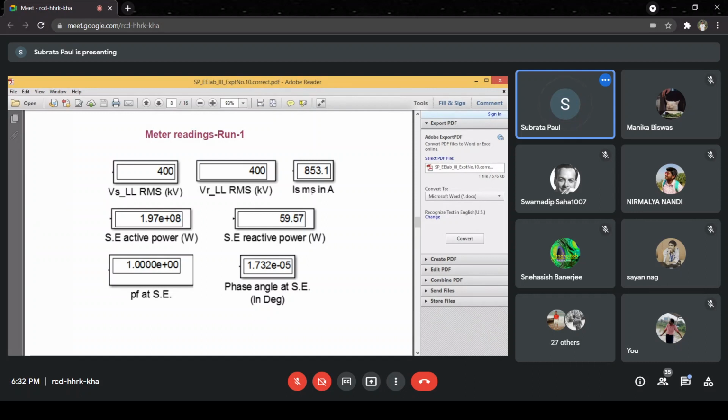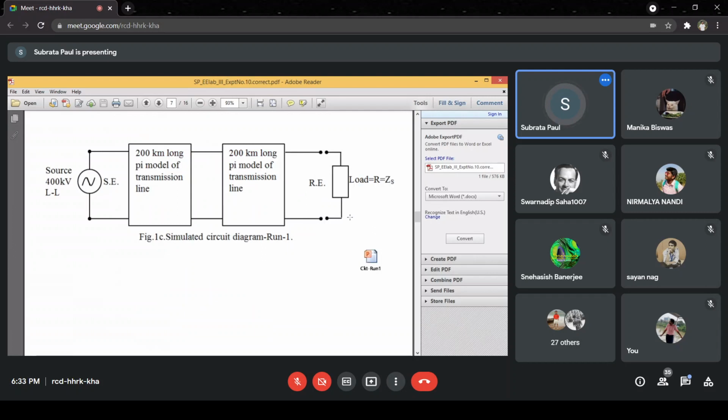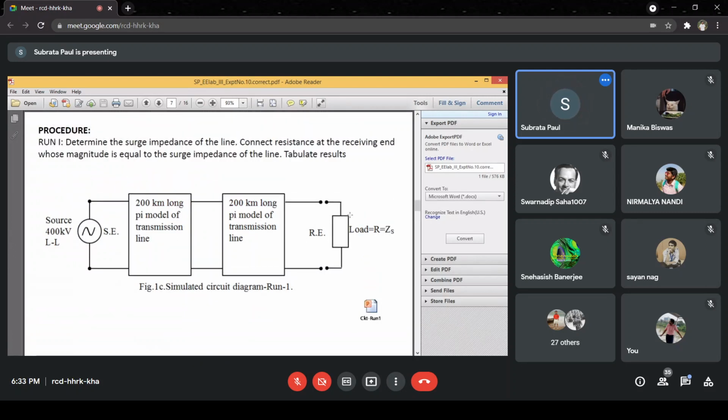Sending end current. You see, receiving end current you can calculate. Again, one thing: first you will have to determine the surge impedance of the line. The line parameters, inductance and capacitance, are given, so you can calculate the surge impedance.